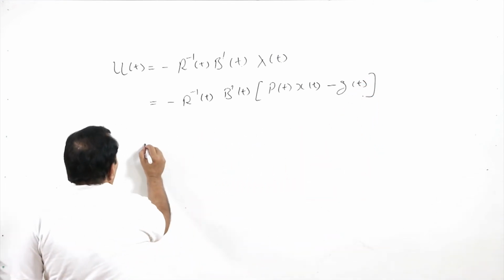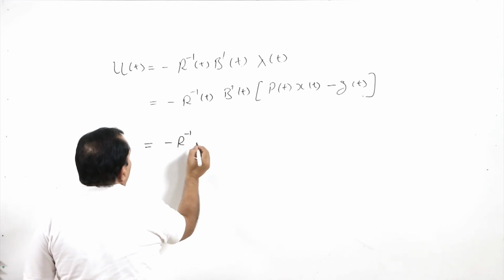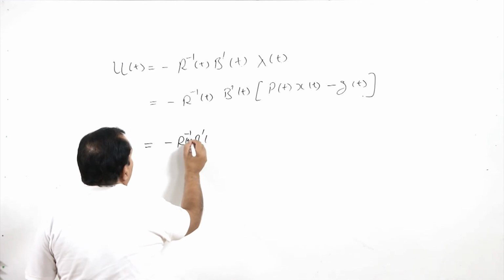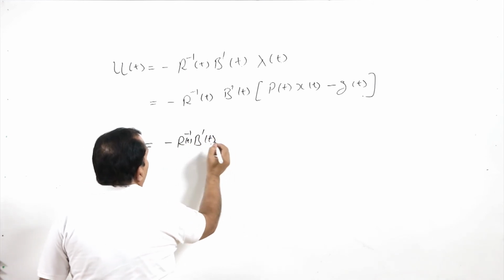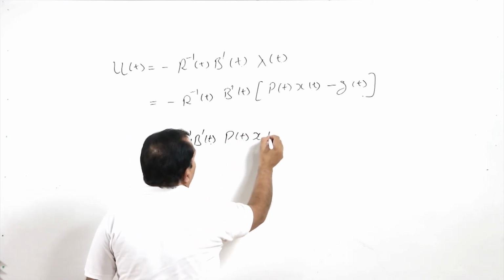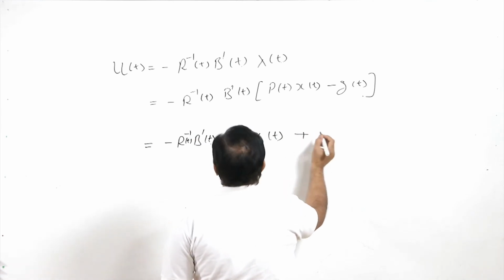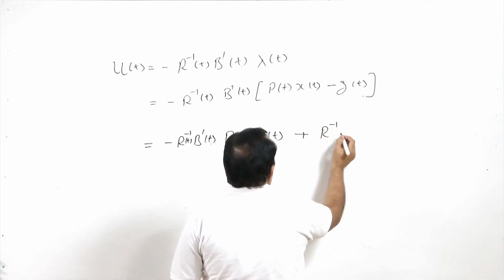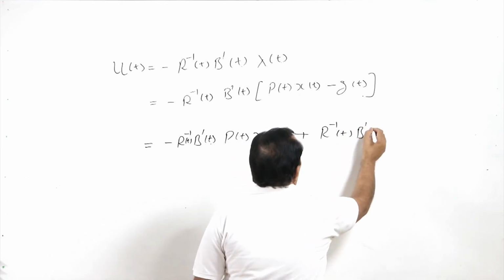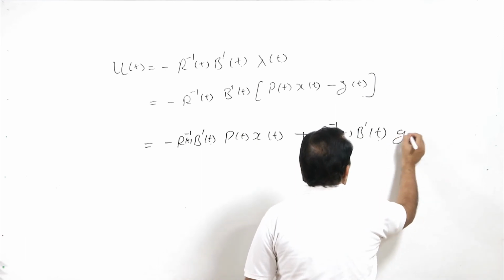So, u will become minus R inverse B prime P t x t plus R inverse B prime G t.